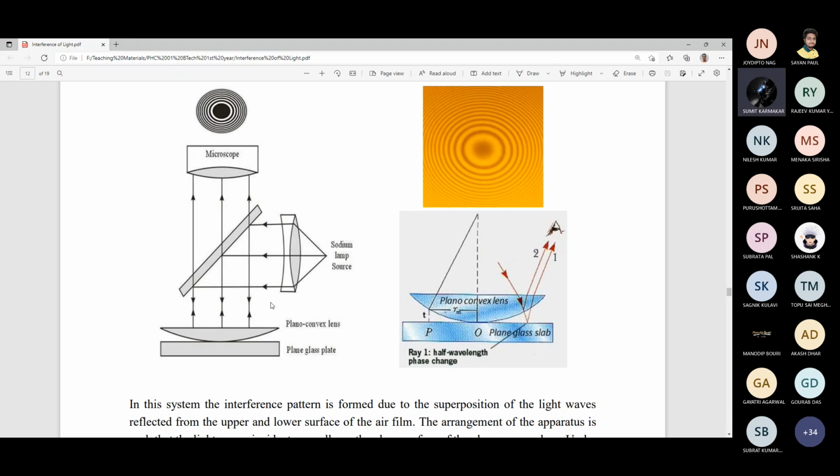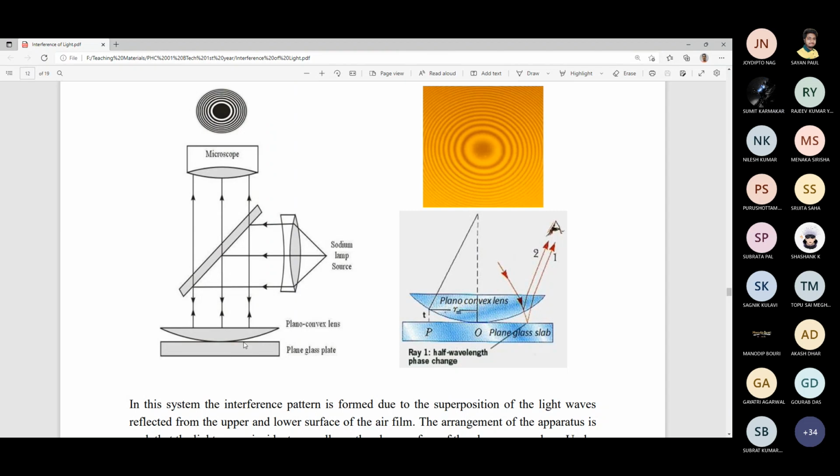becomes a parallel beam. This parallel beam falls on a glass plate, which makes an angle of 45 degrees with the incident beam, right? Then it will be redirected in this direction. What is present here? This is a glass plate and this is a plano-convex lens.